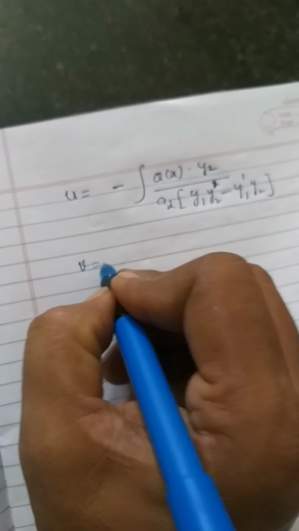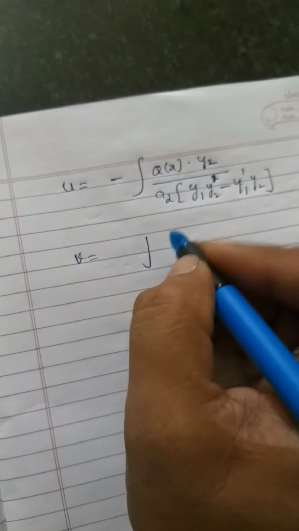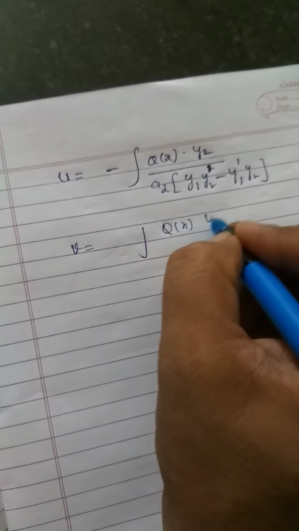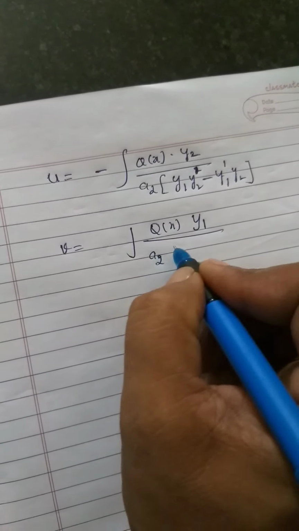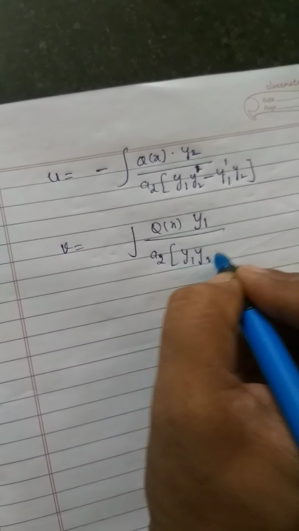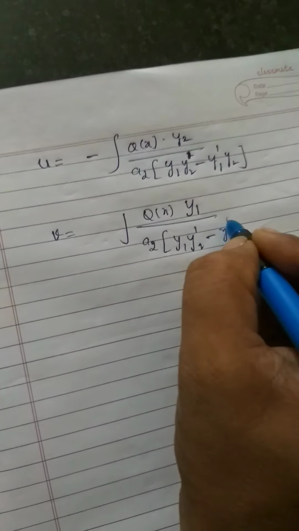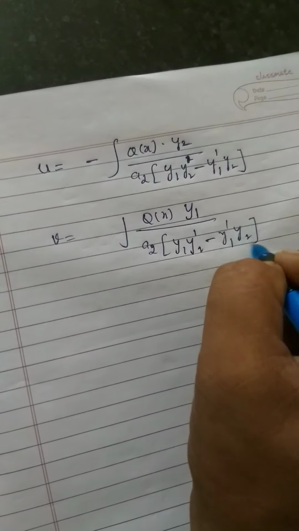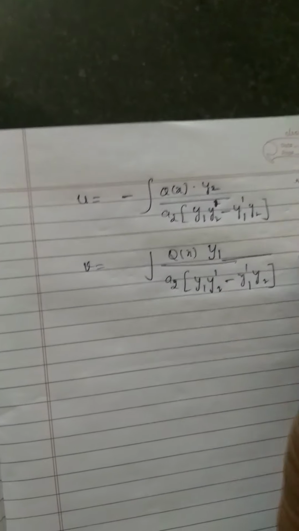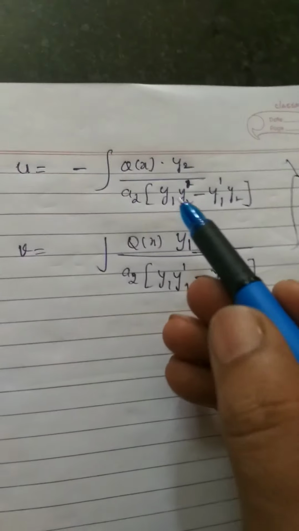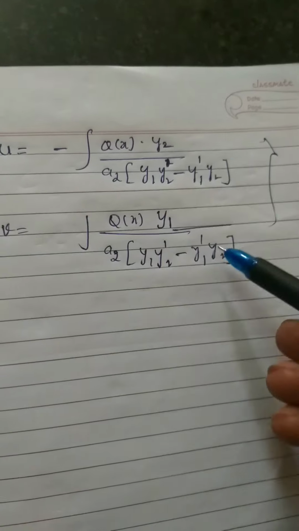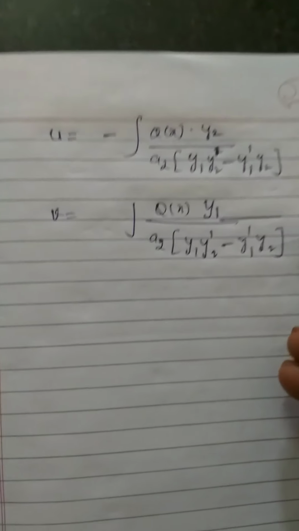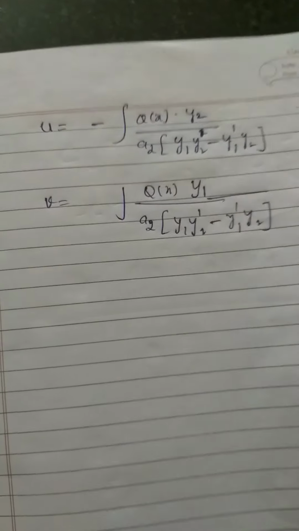And v is equal to integral of q of x into y1, instead of y2 it is y1 here, over the same a2 into (y1 y2 dash minus y1 dash y2). Simply remember these two formulas. It will be very easy for you. To find the particular integral, we have to learn these two formulas by heart. Variation of parameters is a very important concept.